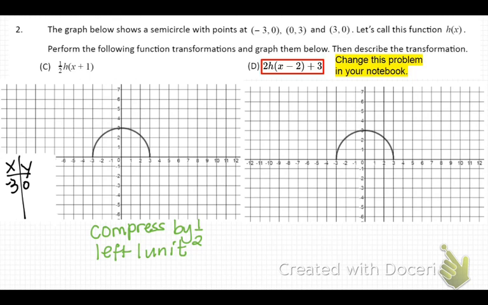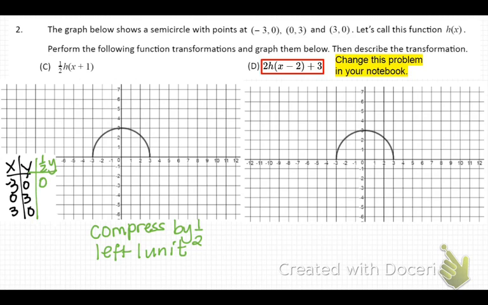So I have (-3, 0), (0, 3), and (3, 0). And my y values are all going to be multiplied by 1/2. So what is 0 times 1/2? 0.